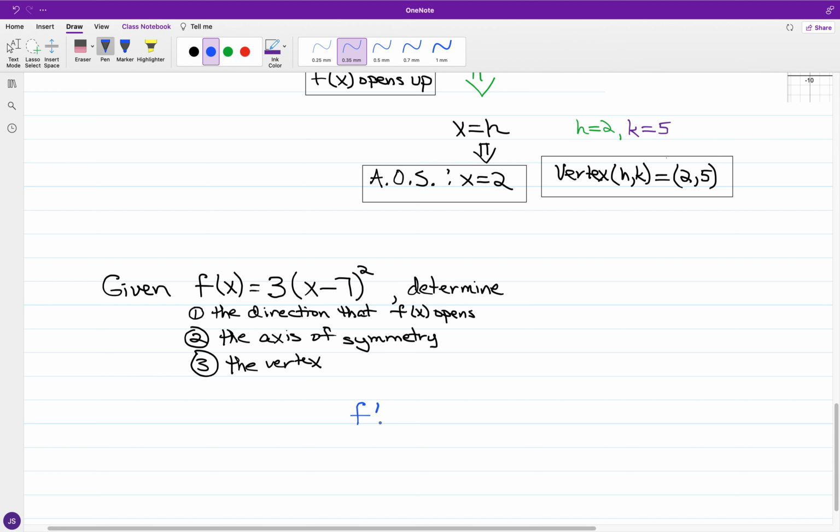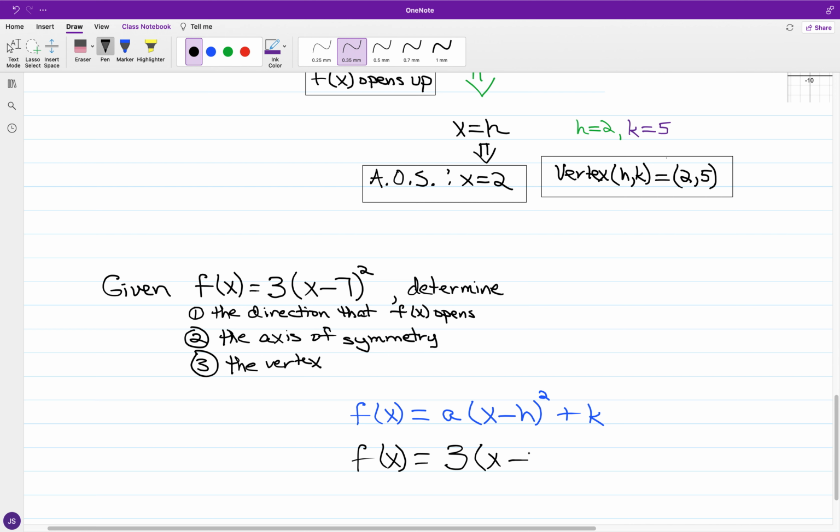So with this vertex form, again, in the general layout for the vertex form, we have a times the quantity of x minus h raised to the second, followed by k, and we have that in the given function. So you have f of x. Again, we have the explicit coefficient at the front, given as 3.